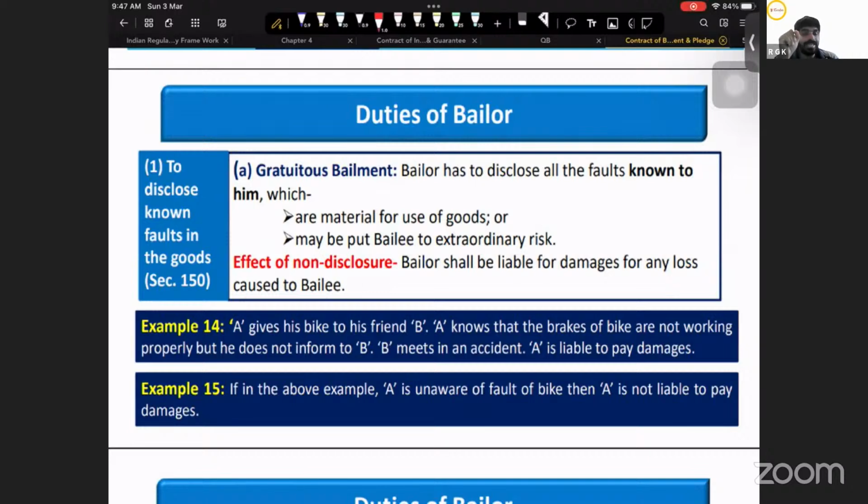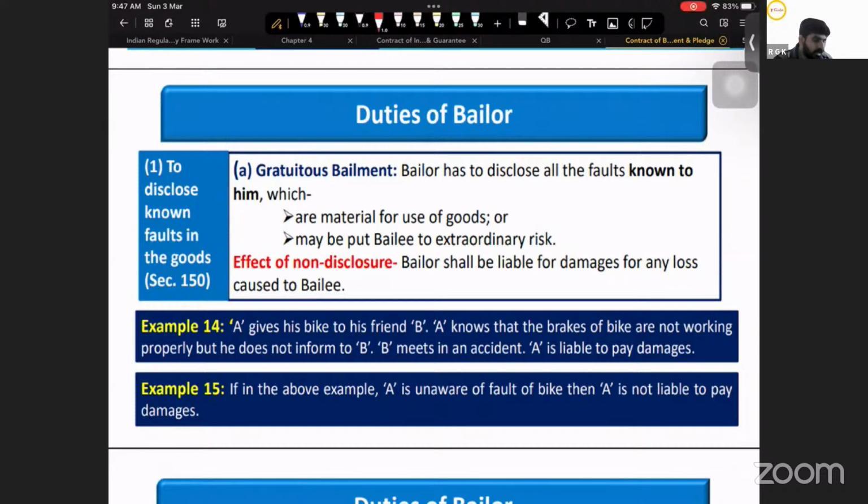Now, in case of gratuitous bailment, say for example, you have a car, you are giving your car to your friend for his usage. Now, what is your duty is, if there is any fault in your car, which is very important to be known by the other person before using that particular goods, it becomes your duty to give him the knowledge about such fault.